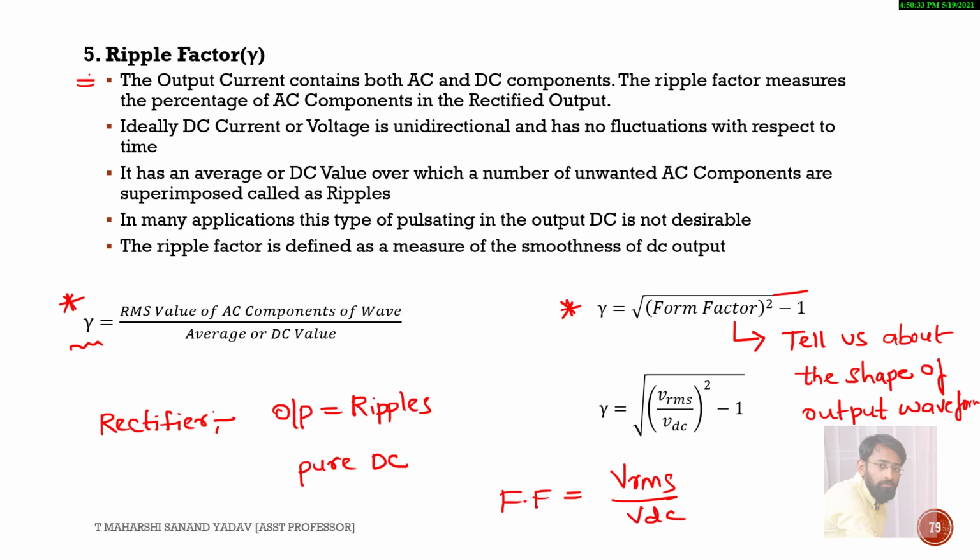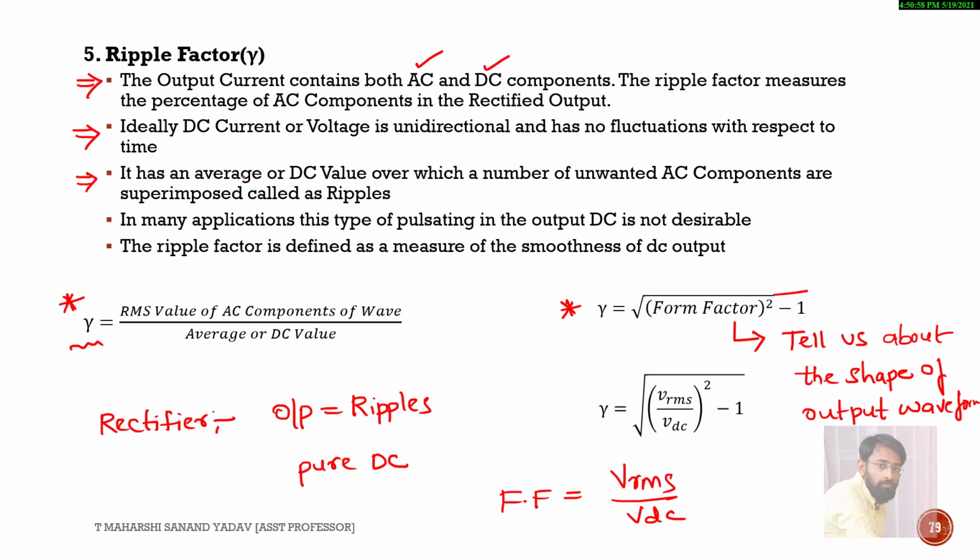See here, first point, the output current contains both AC as well as DC components. The ripple factor means the percentage of AC components in the rectified output. I want to find the number of ripple components that are present. Ripples are nothing but they are AC in nature. Next, ideally DC current or voltage is unidirectional and has no fluctuations with respect to time.